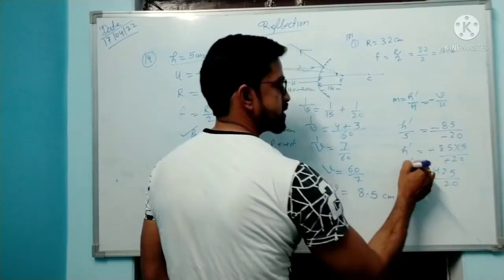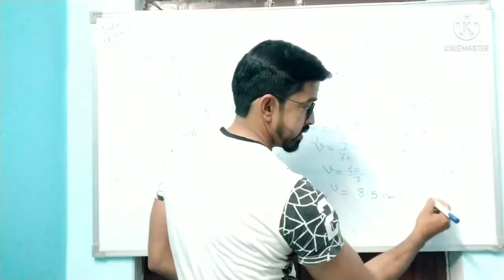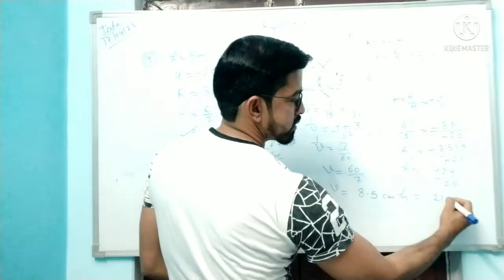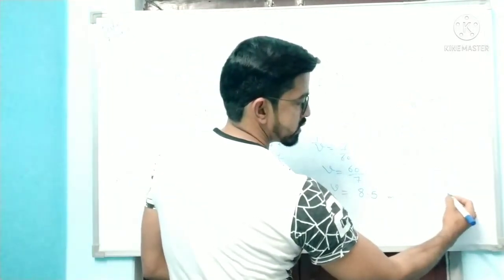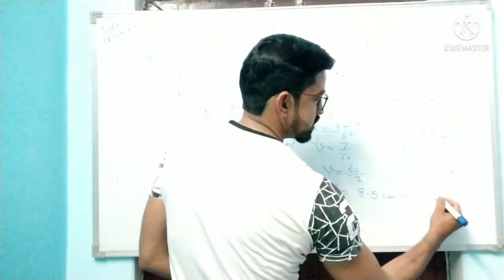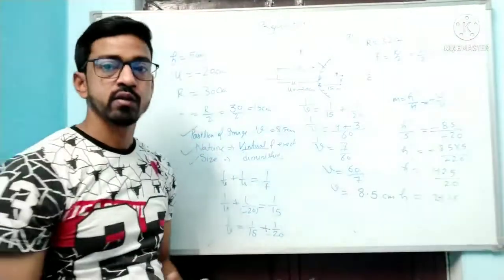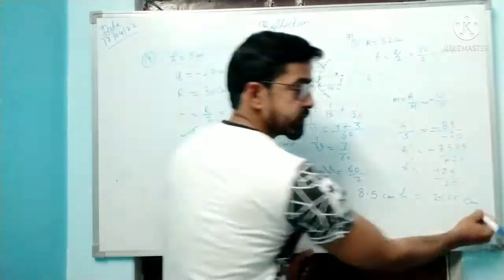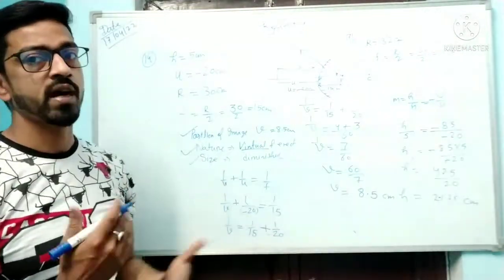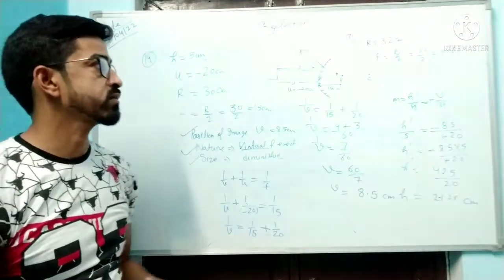Divide by 2, so it's 21.25 upon 10. Something like that will come when you divide it by 20: 2.125 centimeter. Okay, which is really small in comparison to the height of the object.